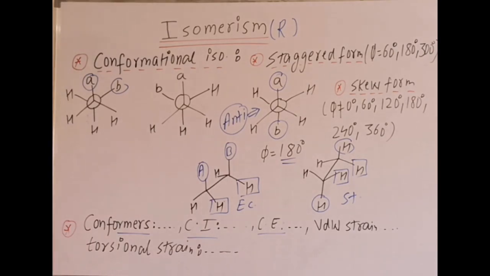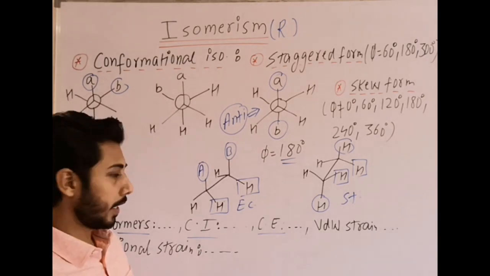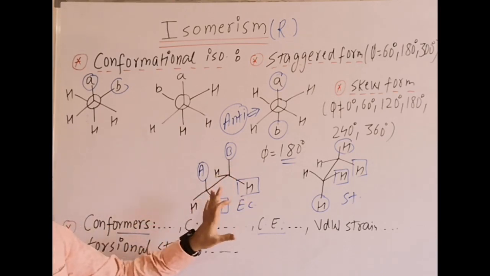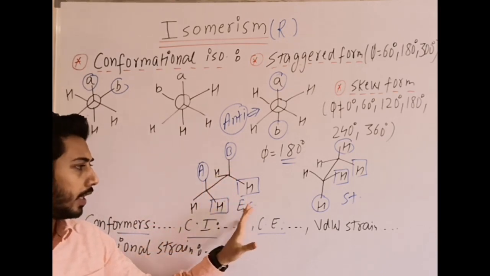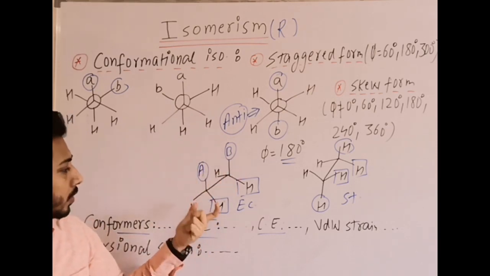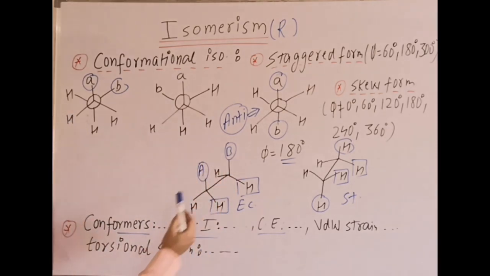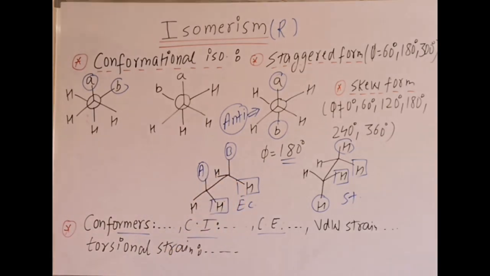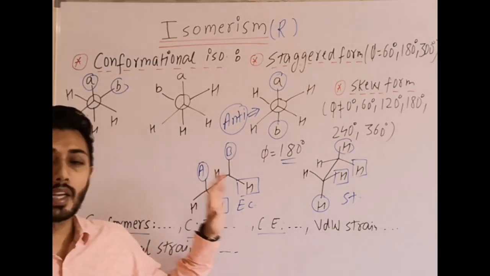Another is torsional strain. Torsional strain arises between the bond pair electrons. Like in this case, I'm talking about simply eclipse and staggered terms. Maybe you can use Sawhorse or Newman. So here in this eclipse form, the bond pair electrons are exactly in front of each other. So the repulsion between bond pair electrons arises.